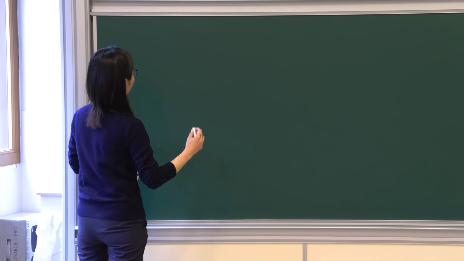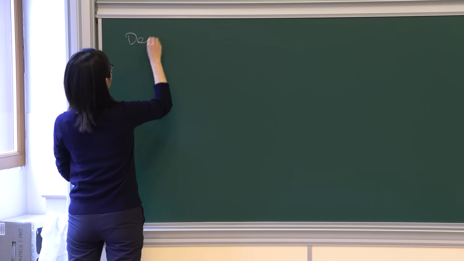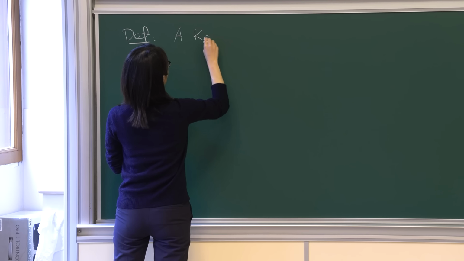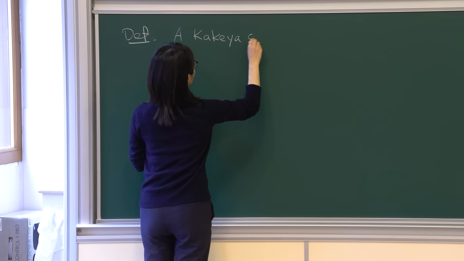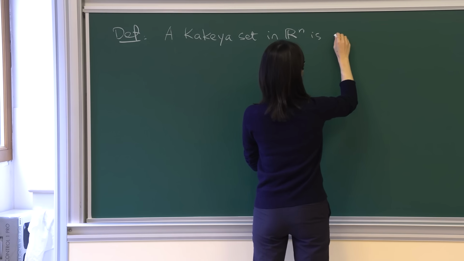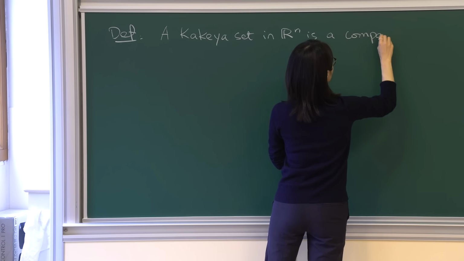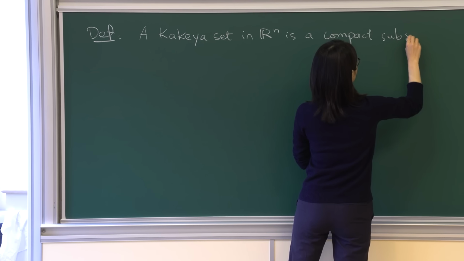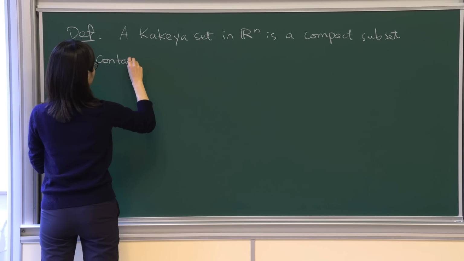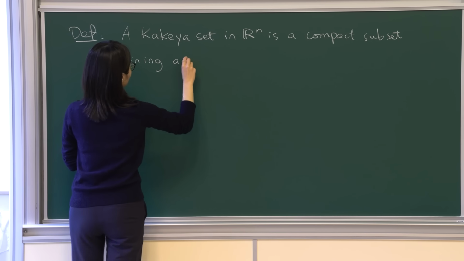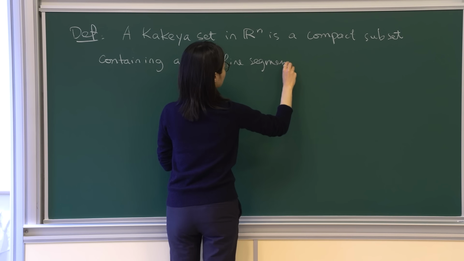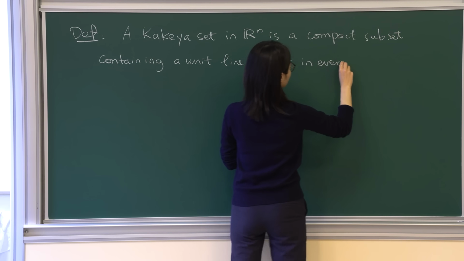So let's start with the definition of a Kakeya set. A Kakeya set in R^n is a compact subset containing a unit line segment in every direction.